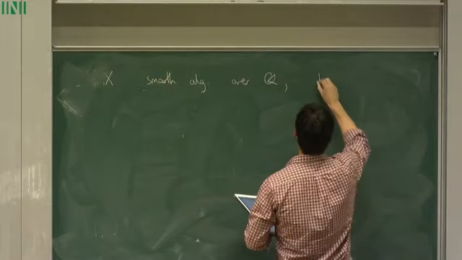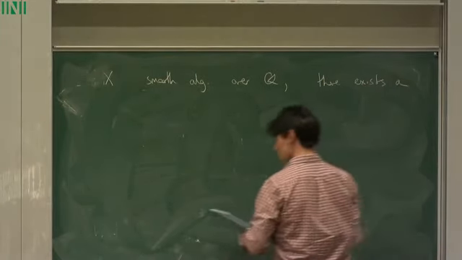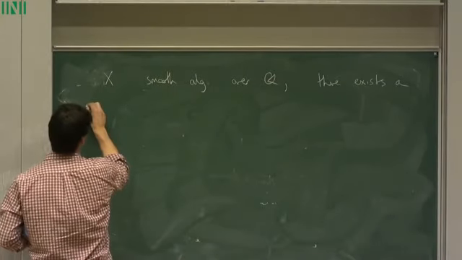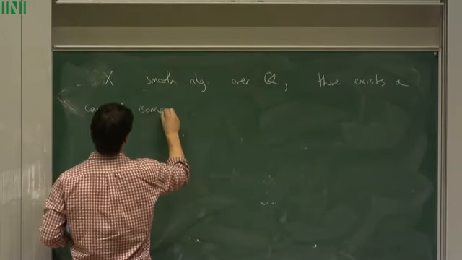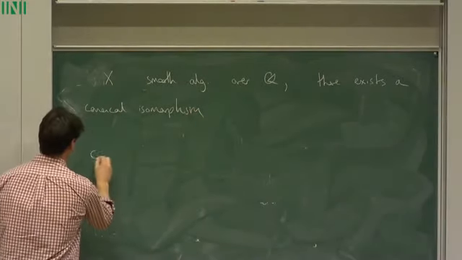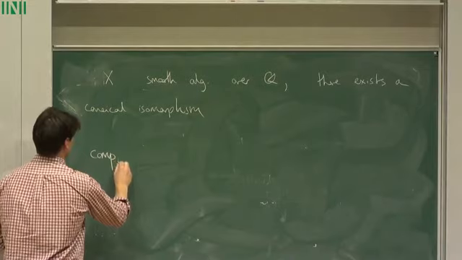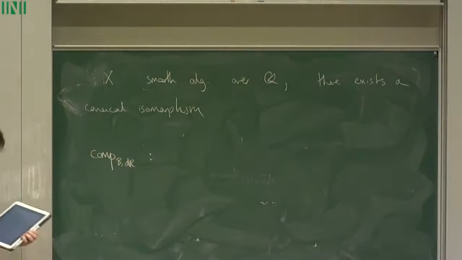Then there exists a canonical isomorphism, which we call comp. This is Deligne who calls it comp B de Rham. It's a very good notation.